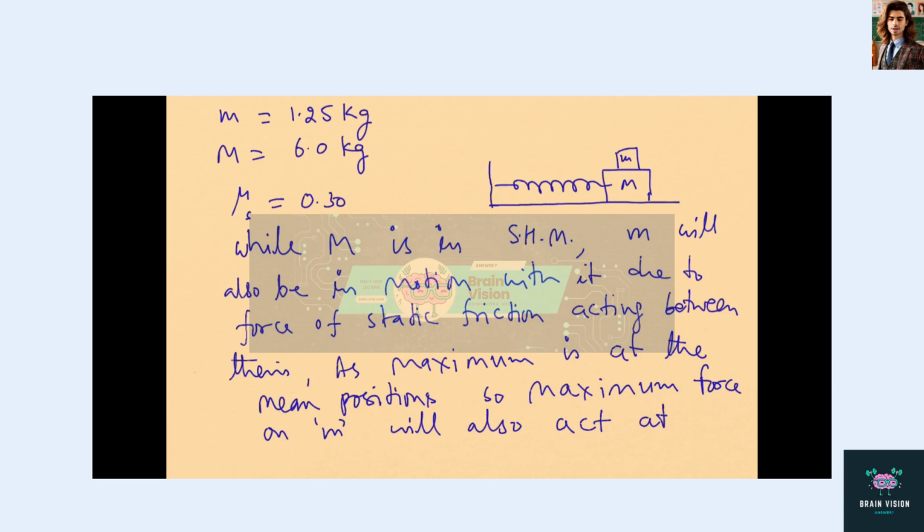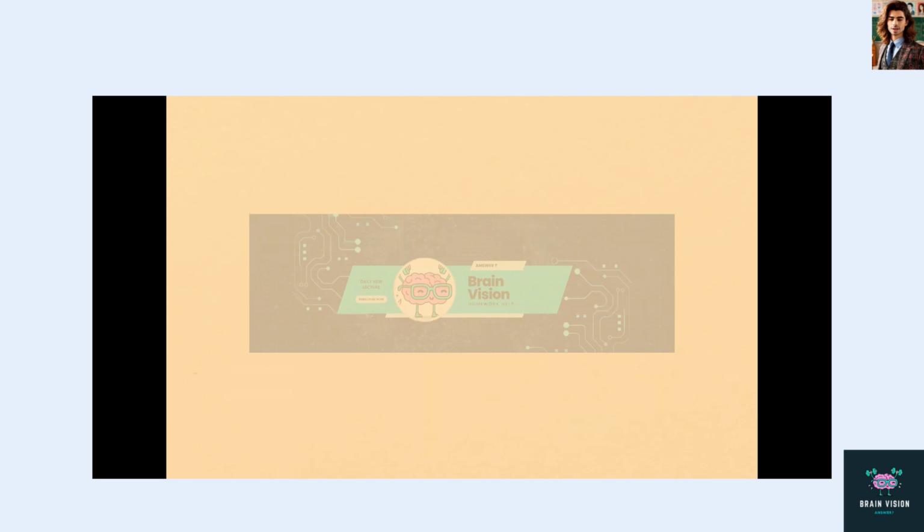Sorry, not at the mean position. It should be at the extreme position. So maximum force on m will act at the extreme position. And the acceleration A max will be given by A omega square, taking its magnitude only. A is the amplitude, which is missing.